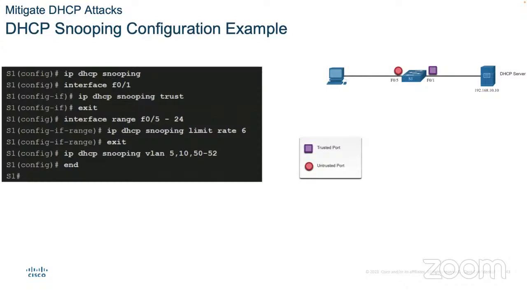In this scenario, we have a trusted port and an untrusted port. We see which will be allowed to send DHCP information, and which one will not.